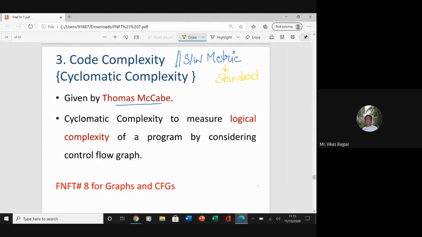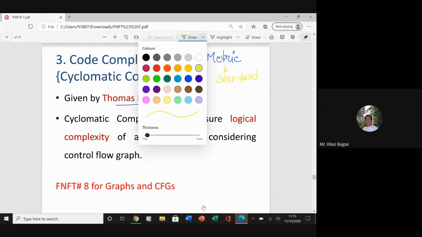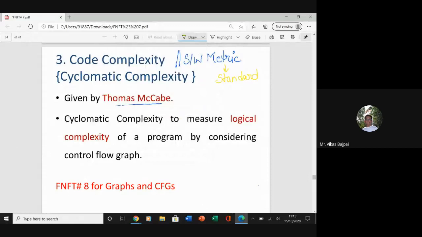And when we talk about cyclomatic complexity, this basically talks about the complexity of a program, or you can call it a piece of code, or the entire system.